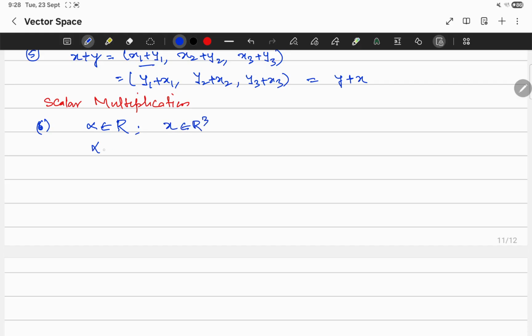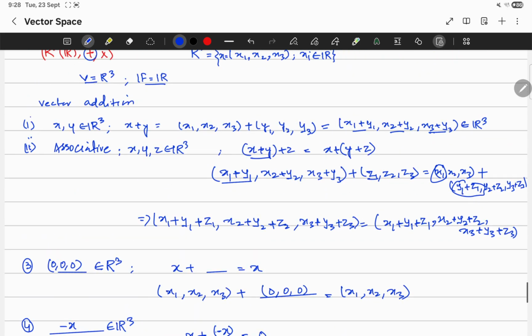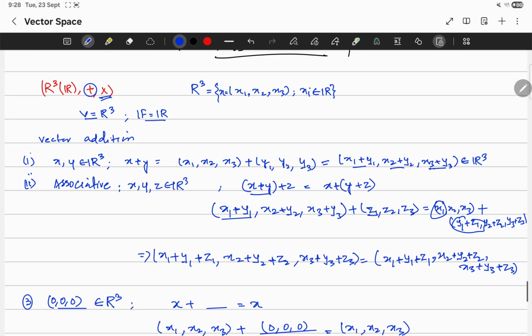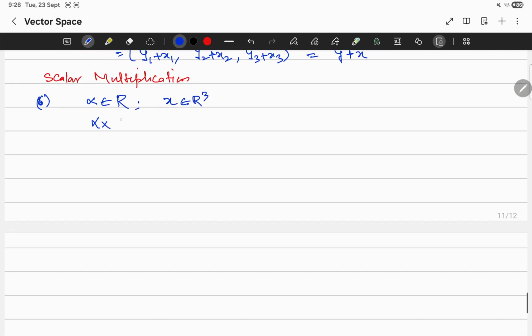You have to check alpha, the second operation, that's multiplication, alpha times x, that is alpha times (x1, x2, x3). You will get alpha x1, alpha x2, alpha x3. Each is a real number, since the multiplication of two real numbers is a real number. So it will be in R3 as well.